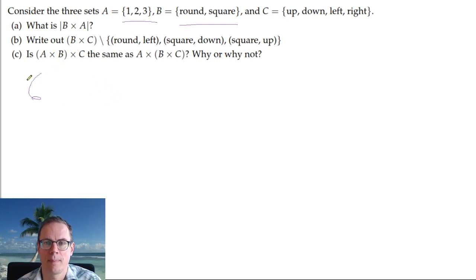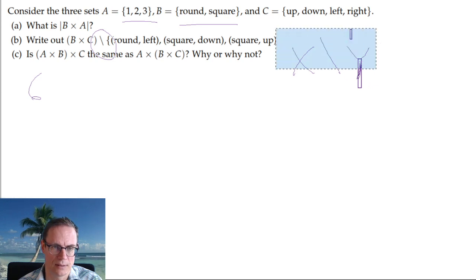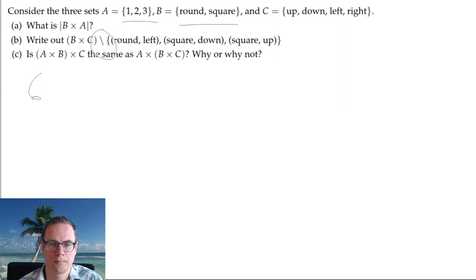Okay, now we have B times C, and we subtract a number of elements. And I haven't explained the forward slash yet. If you have x forward slash y, it basically means all the elements that are in x but not in y. So x forward slash y: elements in x but not in y.